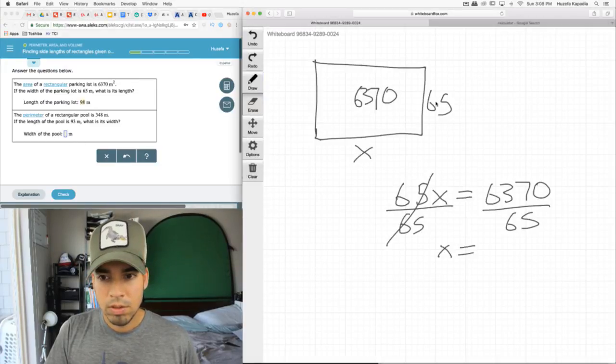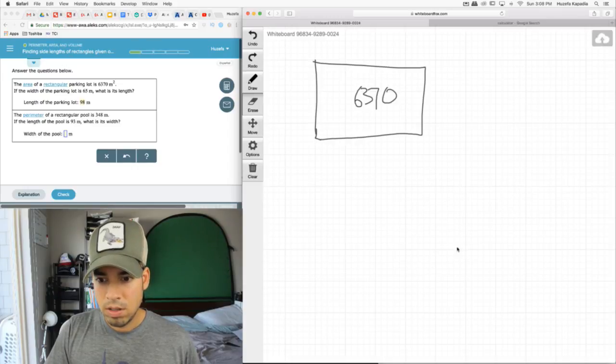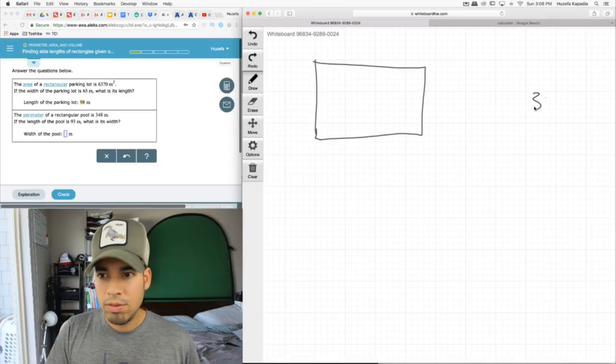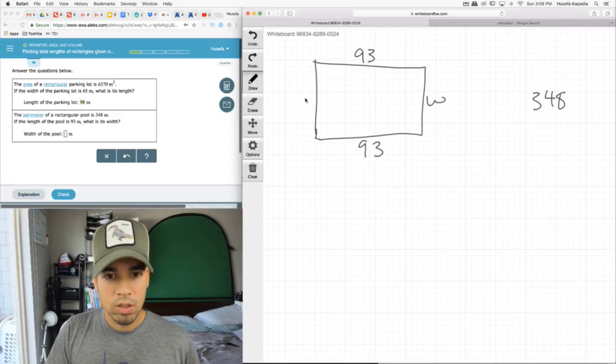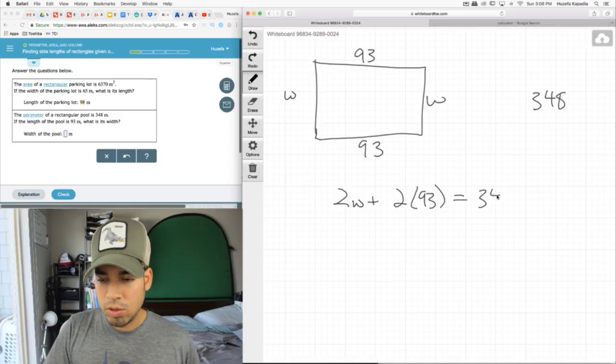Okay, next, perimeter. Perimeter of a pool is 348. The length is 93. The width is what? Okay, I'll use W this time for width. So a shortcut is I could say 2 times W plus 2 times 93 equals 348.